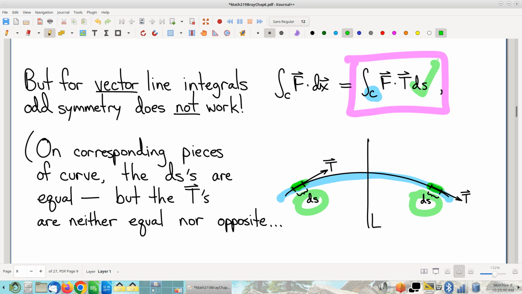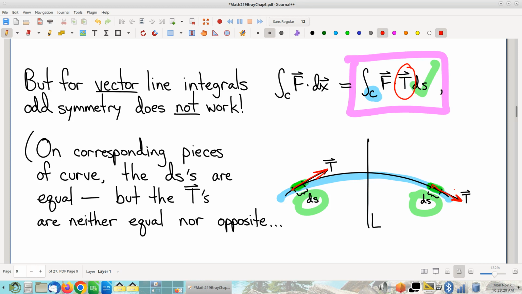But then here's where it all goes wrong, and that is, keep in mind, we've also got this T here. And that T, if you look at the unit tangent vector on the left piece, and then you look at the unit tangent vector on the right piece that's supposed to be its buddy, it's supposed to be sort of all the same except for a single minus sign, and nope. This is not the same.